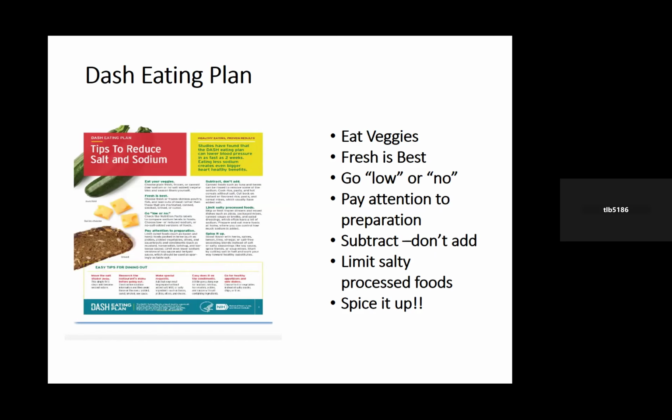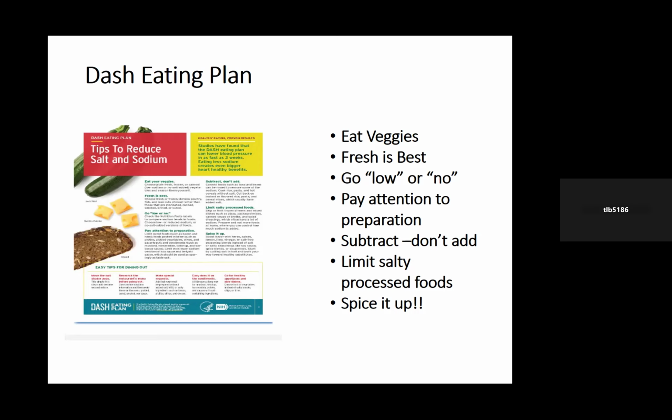We want to reduce the amount of sodium in our dietary consumption. We want to eat fresh vegetables. Fresh is always best. In the hierarchy of what we choose, fresh is the best, frozen is next, and last are canned. We want to go low or no when it comes to salt or sodium.